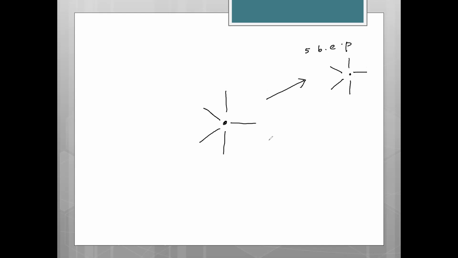Axis perpendicular. Then if four bonding electron pairs plus one lone pair, what is the possibility? Yes, you can draw this like this, any shape, any type, or like this.